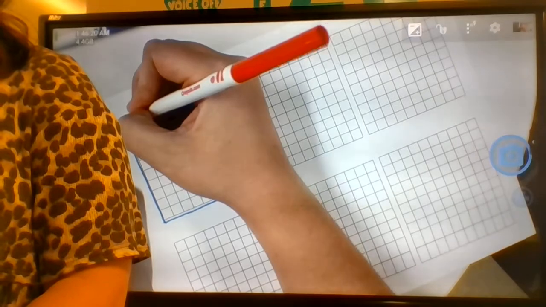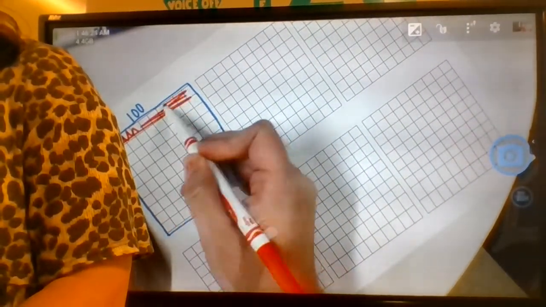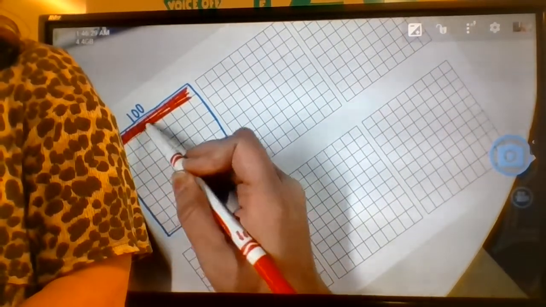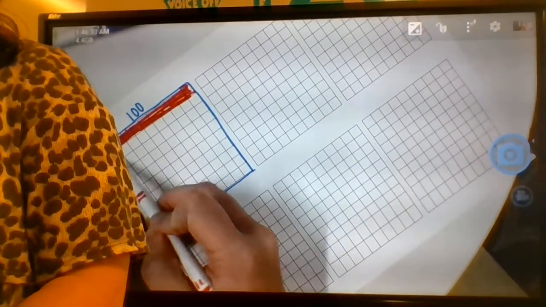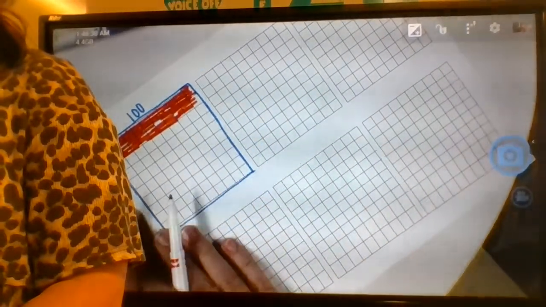So I'm going to color in this row, and that's one of my dimes because I know that this is 1, 2, 3, 4, 5, 6, 7, 8, 9, 10. So for my other dime, I'm going to color in this line.